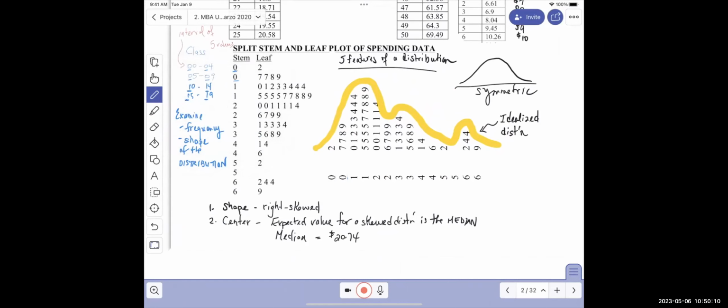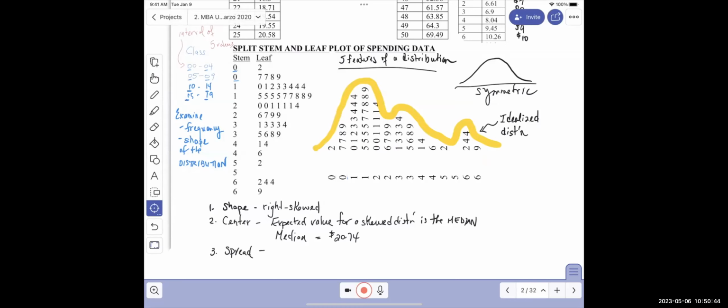The next feature is the spread. A single value is not enough. There are so many values here, and I want to summarize the distribution. Again, the distribution is the values that the variable takes and how frequently it takes them, and that's defined on the first page of the notes.